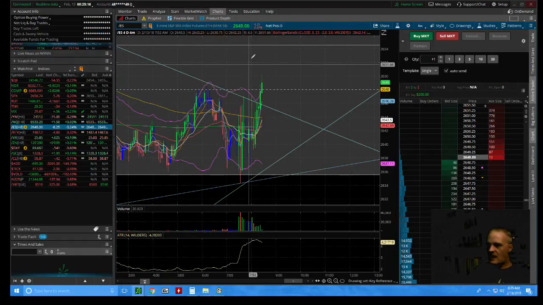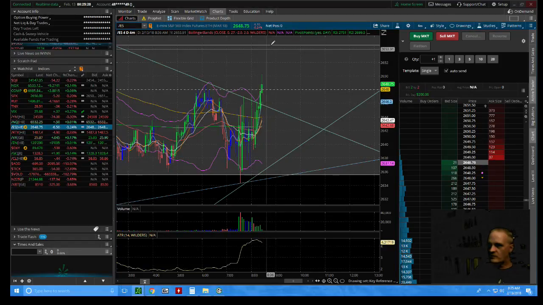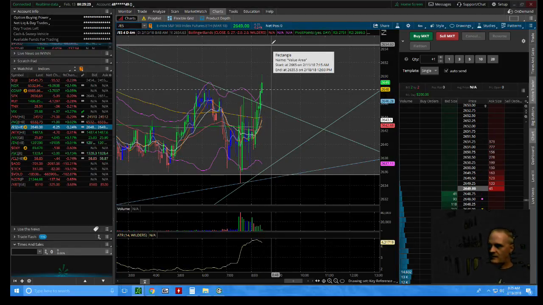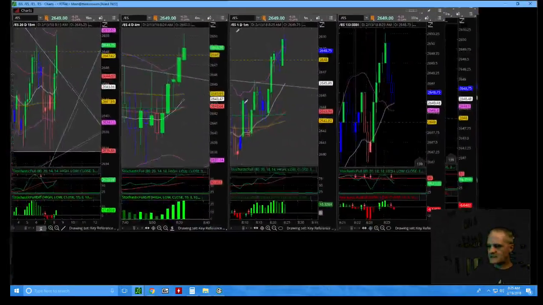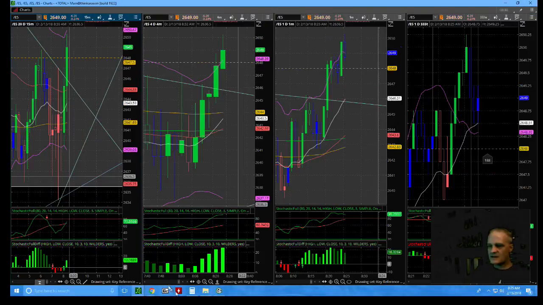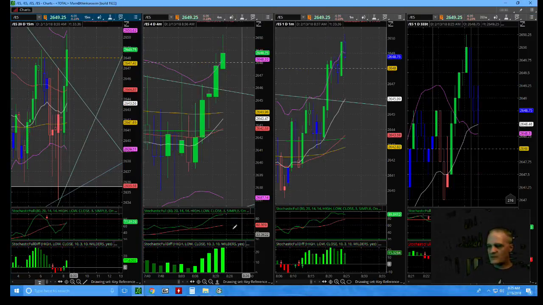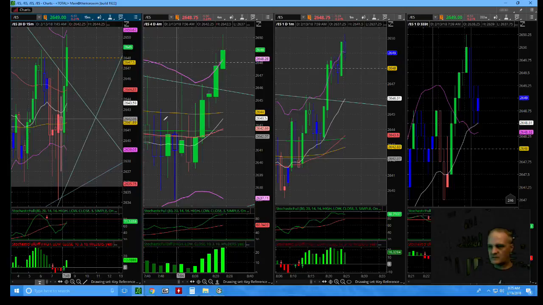It looks like it's headed higher. What is it trying to do? It looks like it's trying to trade up to this point of control. How good a job is it doing of getting there? Right now, it's doing an okay job. I mean, how do I judge that? By looking at my stochastics again. My stochastic histogram tells me that, across time frames, we're looking pretty bullish here.